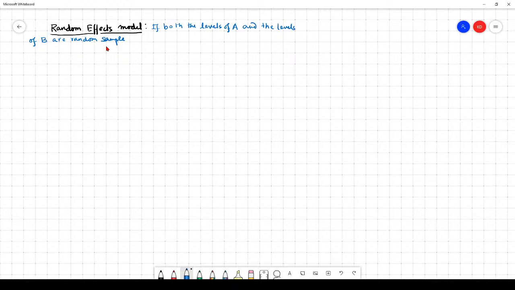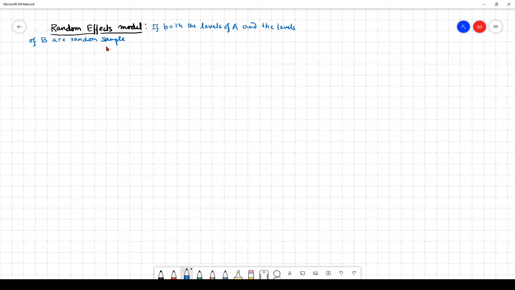I already gave the example. If you go through the previous class, then you can find when you use the random effect model and the fixed effect model. The fixed effect model is possible when you consider all the levels, but when you consider some levels from the whole set of levels, suppose you have p levels but the size of p is huge, then you select some levels from the p levels.